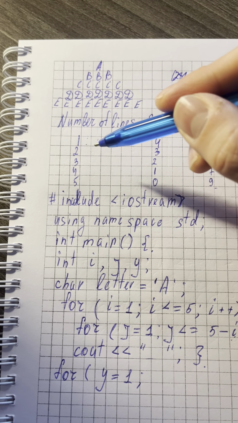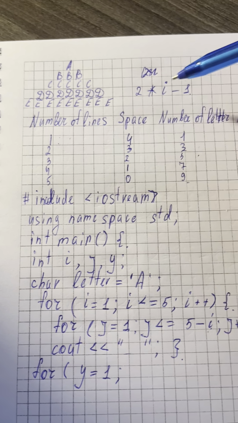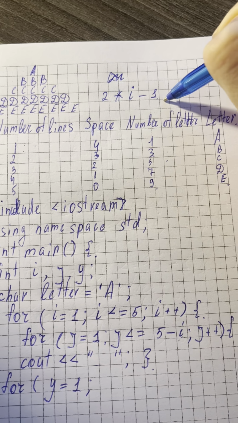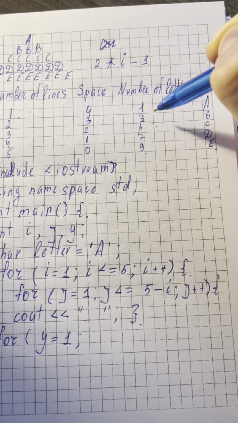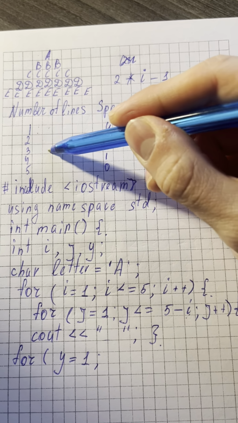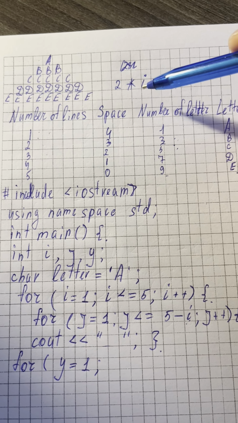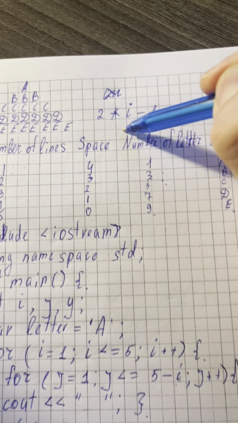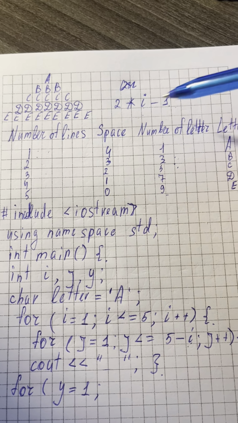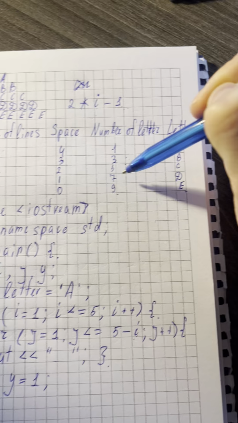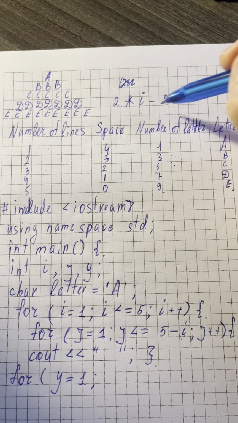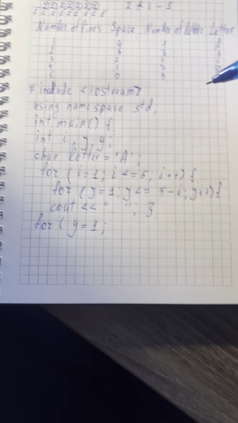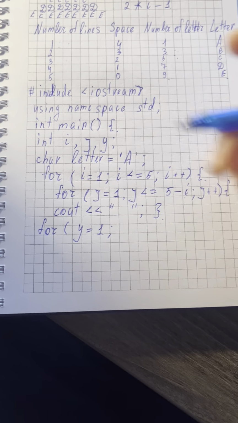Then for 2, we multiply by 2, this is 4, then minus 1 is 3, it works. Next line, 3 multiplied by 2 is 6, minus 1 is 5, and it works. So this formula works for the number of letters. Now we will use it for our cycle.